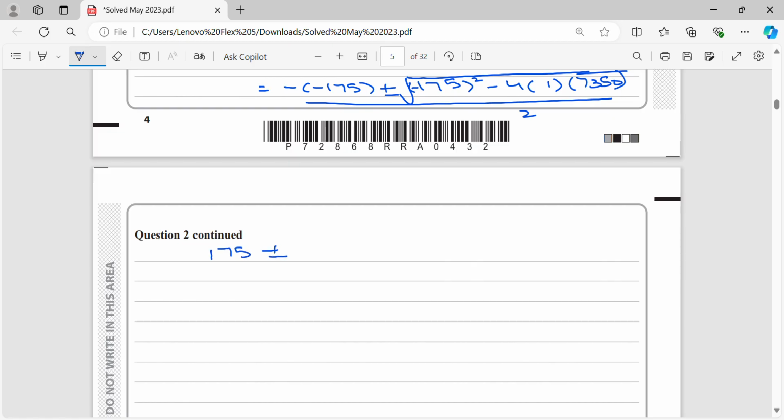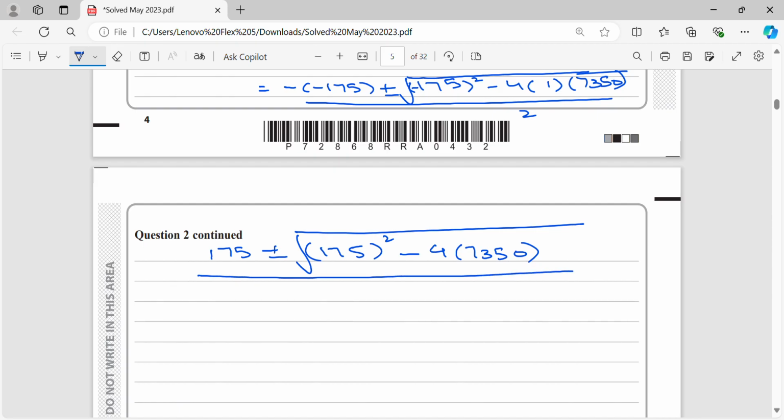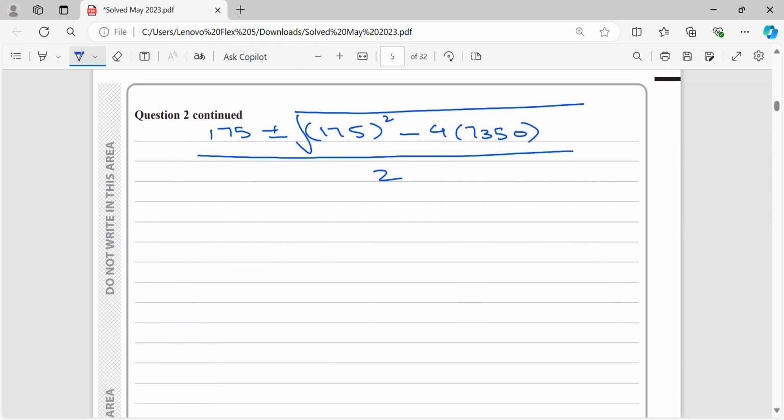I'm going to type the whole thing in a calculator. 7350 times 4. 4 times 1 is 4, and if I multiply with it, I'll get here. Now I'm going to substitute the whole thing in a calculator.